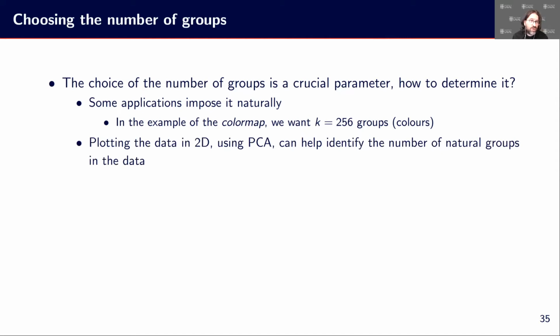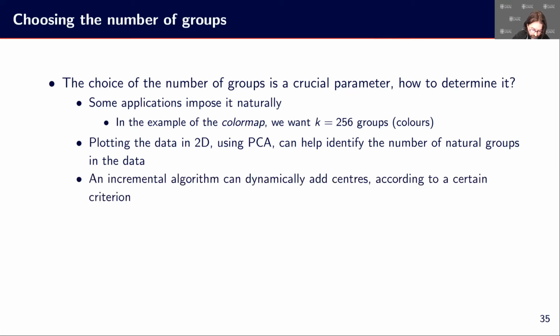We can also maybe just plot it in 2D using PCA and look at the results, or maybe t-SNE also. And from that, we can see the number of natural groups that are emerging and use that as a guide to do the clustering. There are some incremental algorithms that can be used to dynamically add centers according to some criteria.